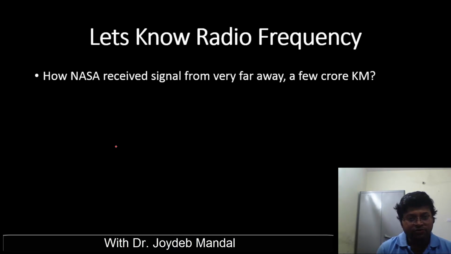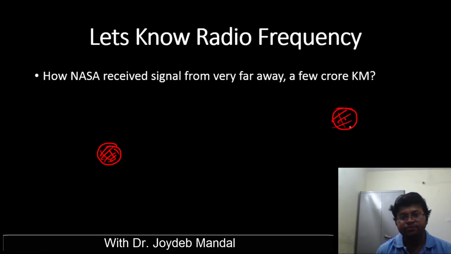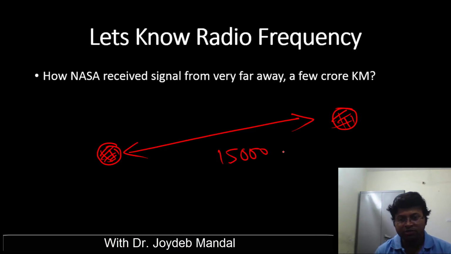NASA usually sends a signal from Earth, for example to a distance of Pluto, maybe 15.2 crore kilometers. For example, we are taking 15 crore kilometers.